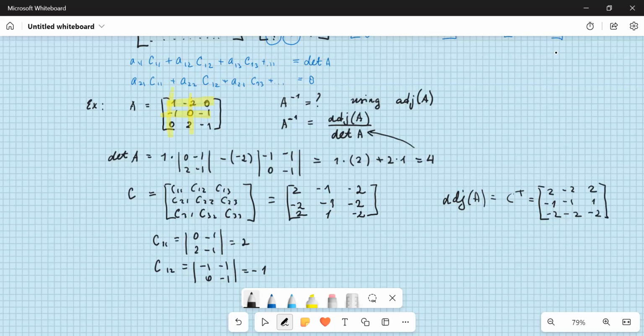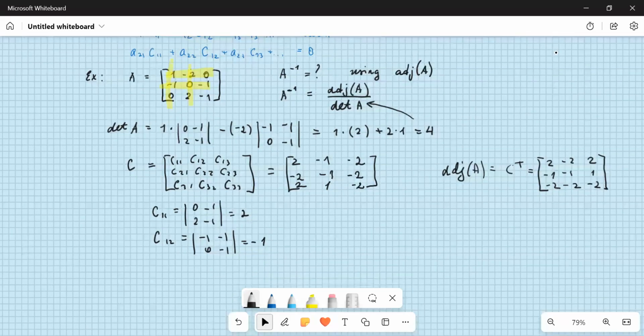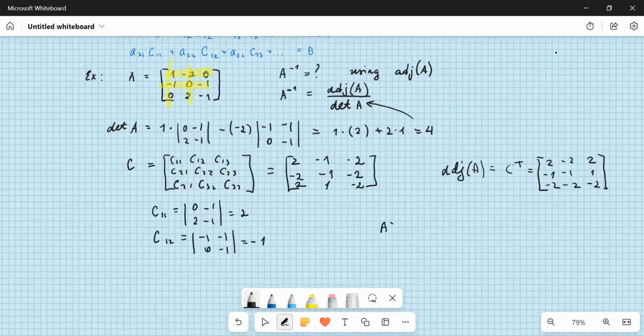So now I just need to write down the formula for my inverse. A inverse is going to be equal to my adjoint of A divided by the determinant of A. And the determinant is equal to 4, right? So it's 1/4. I'm not going to multiply 1/4 into the matrix.